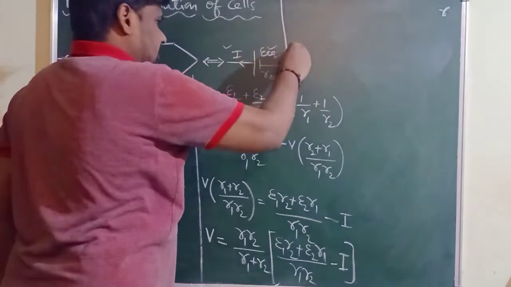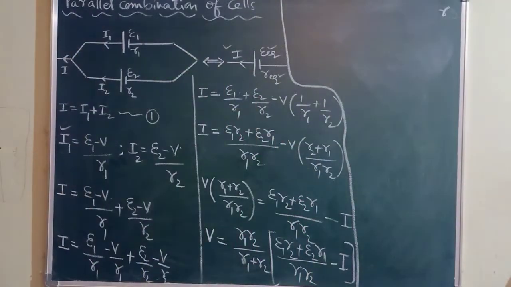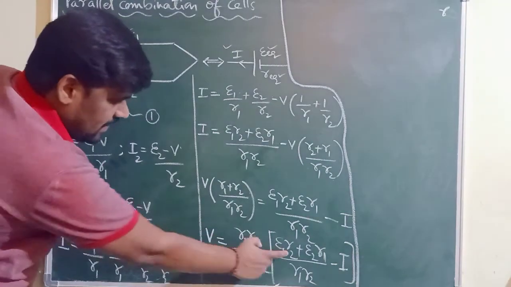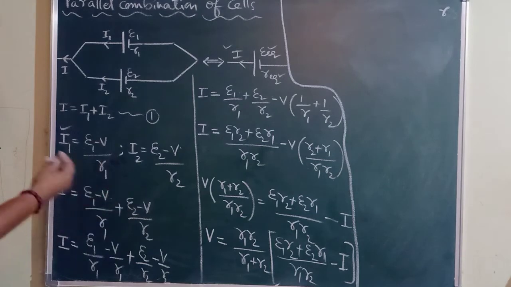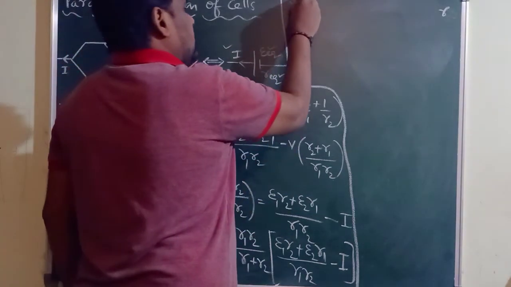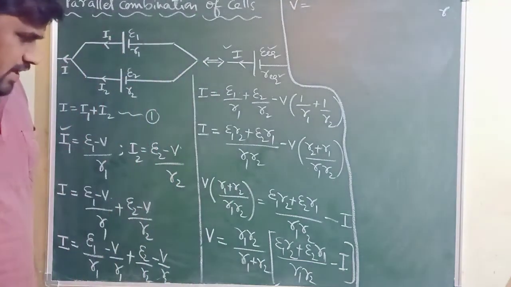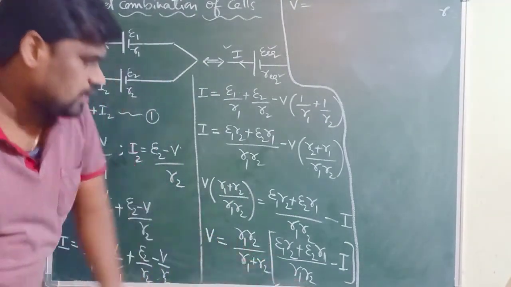Help me to write the next step here. Multiply this bracket with this term, or else you take R1 R2 divided by R1 plus R2 inside the bracket. What can I write? V is equal to, if you take it inside the bracket, R1 R2 gets cancelled with R1 R2 here.